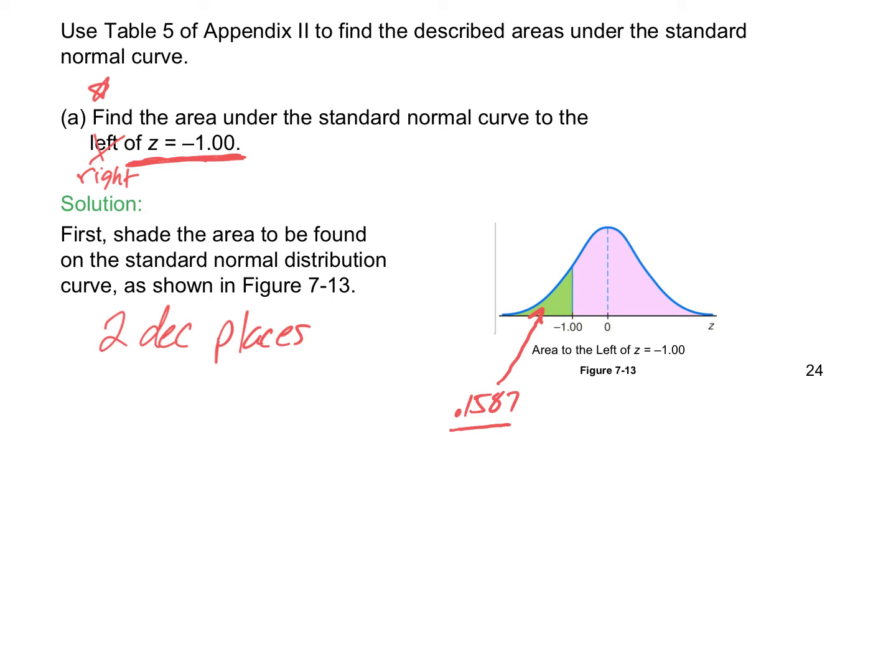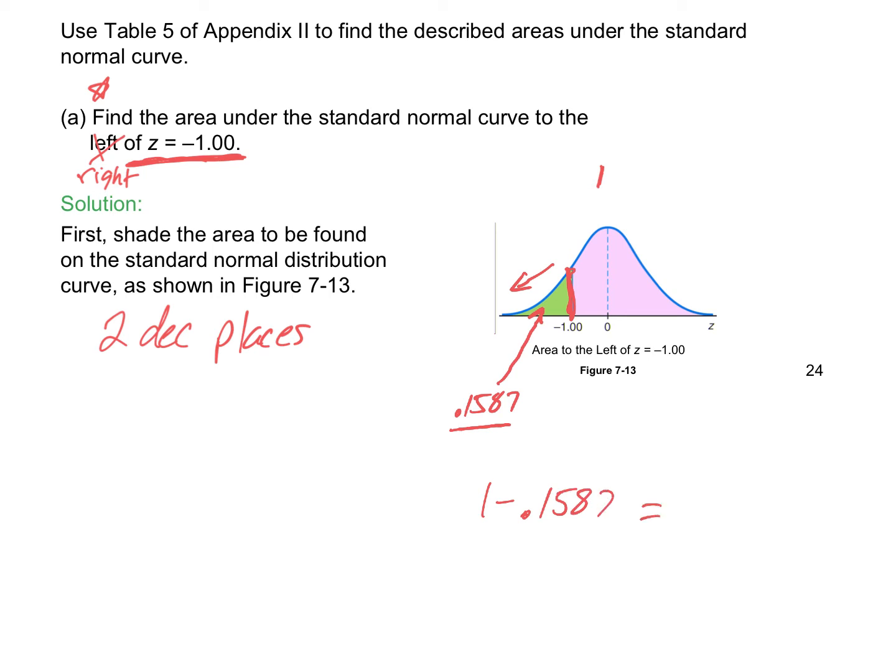Well, you still look up the chart, and remember, the chart always gives you what's to the left, always. And you know that 100% of the data is underneath the curve. Therefore, to find the area to the right, it's simply 1 minus the area to the left.